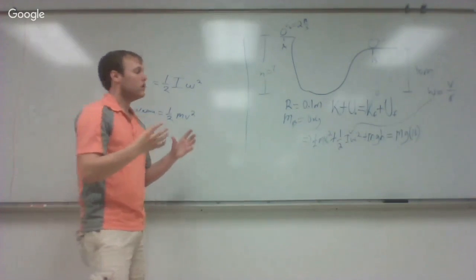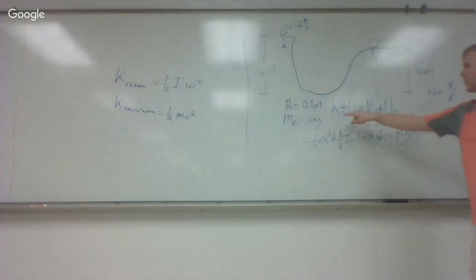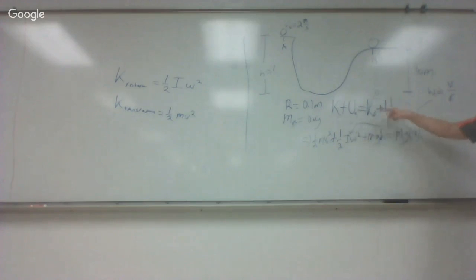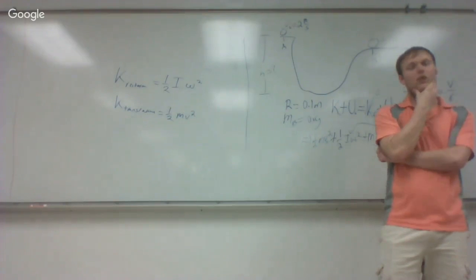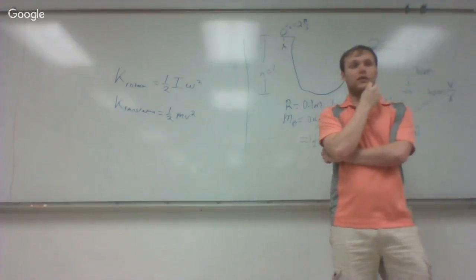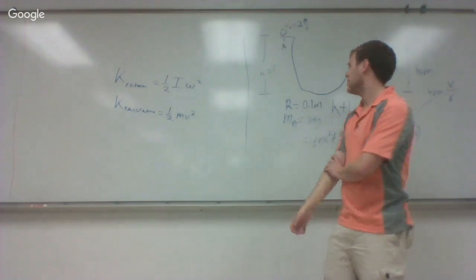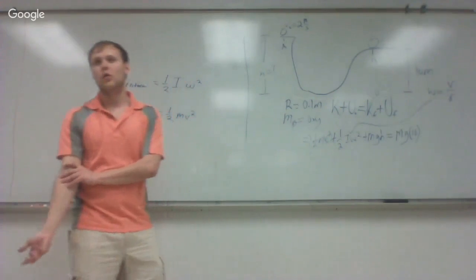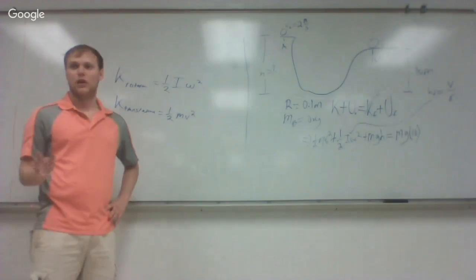Just remember it's always going to be that, or if it's a spring, we'll have 1/2 k x squared. Okay. So does that answer your question?